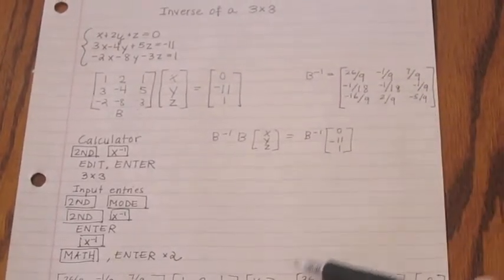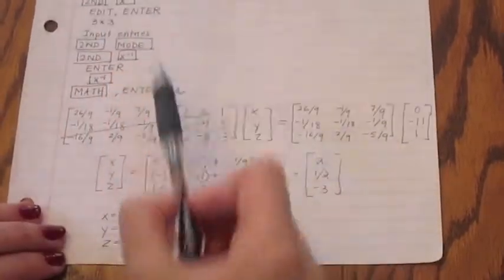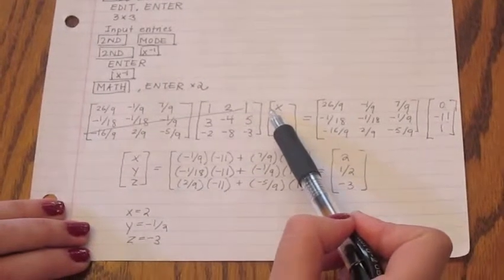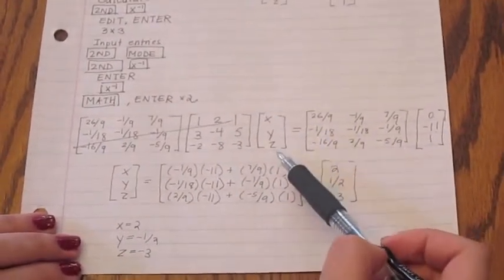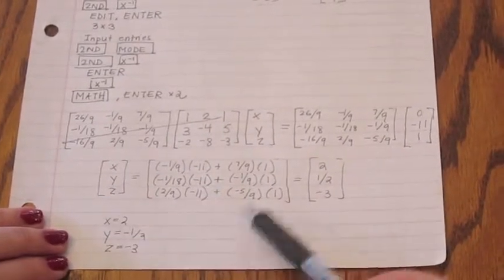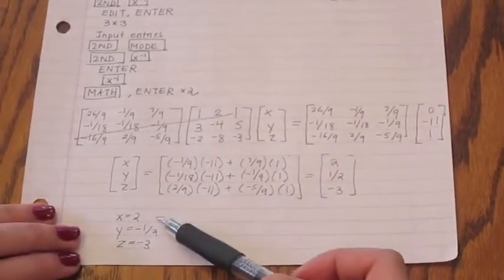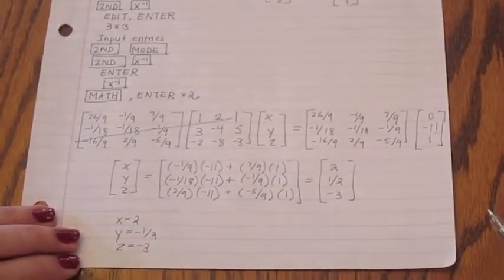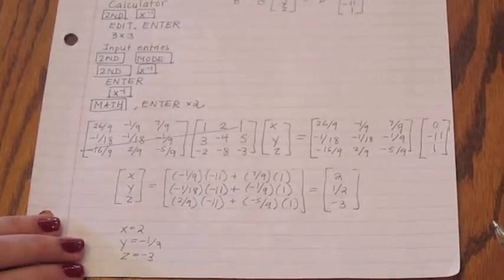And then just like my 2x2s, I multiply on the left side on both sides so that these two cancel out and make the identity matrix. So I just have x, y, and z because I'm trying to solve for them. And then I just do this math over here to get exactly what x, y, and z equal. So that's it for solving systems of equations using the inverse of a 3x3 matrix.